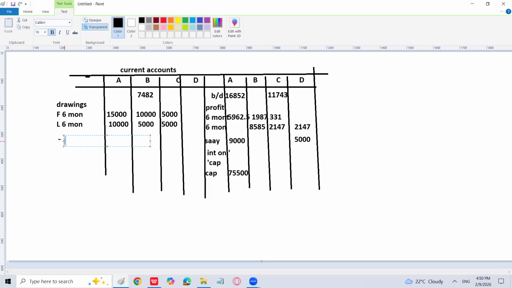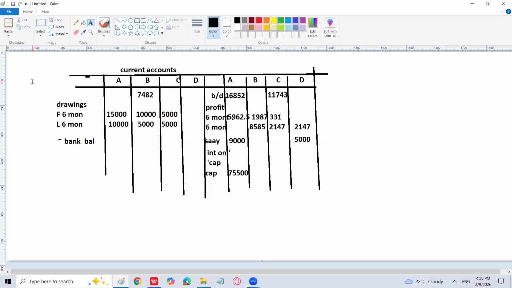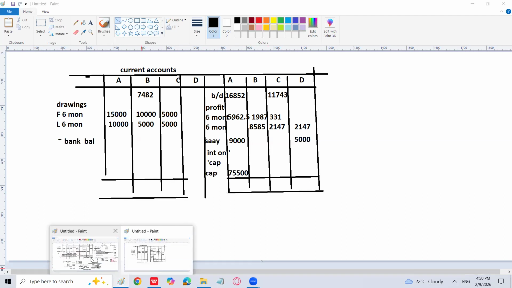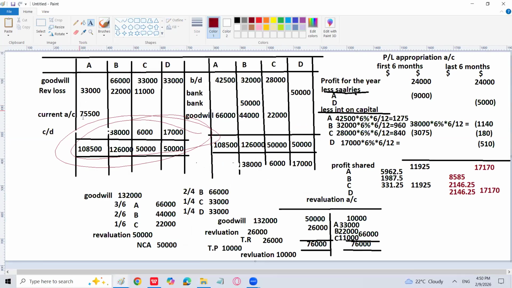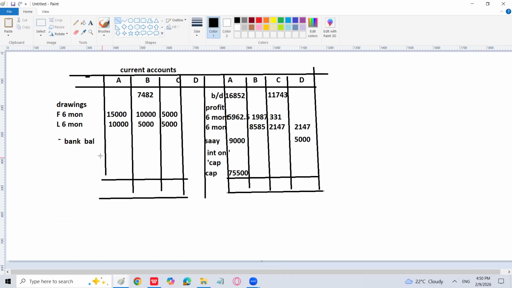So we'll pay him with the name bank, and this is how his account is going to be closed with the balancing figure with the name bank account. That is, I'm talking about LN capital account, because the 75,500 is basically his amount, which is supposed to be transferred to the current account of LN from his capital account. So we have to transfer that amount. And then we can close the account of LN with the name bank.